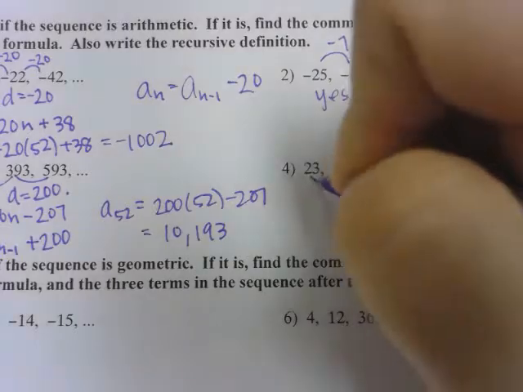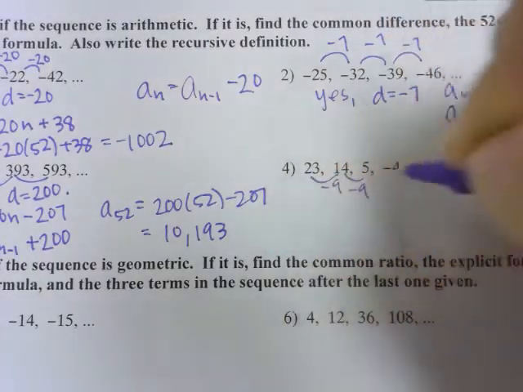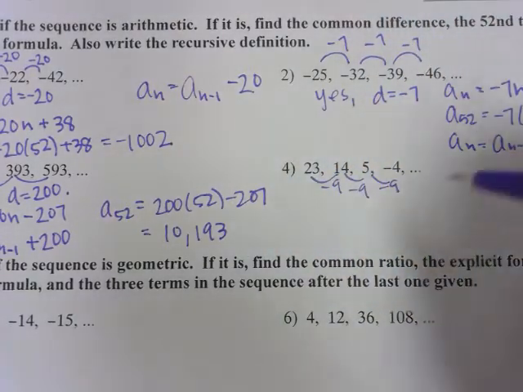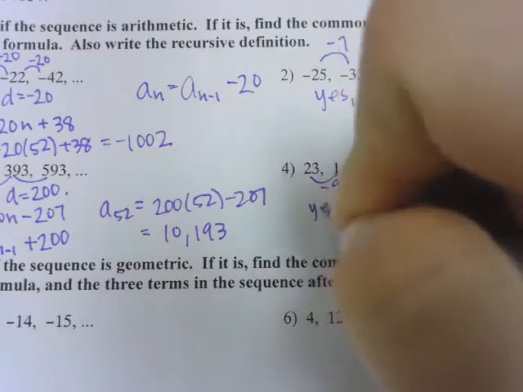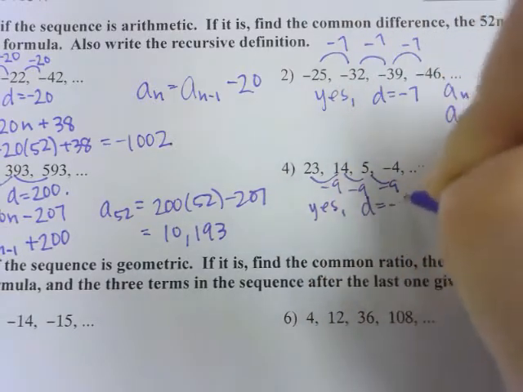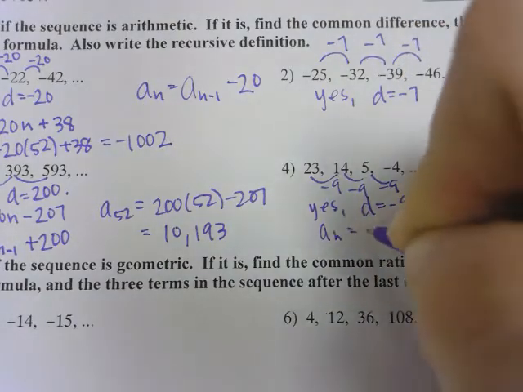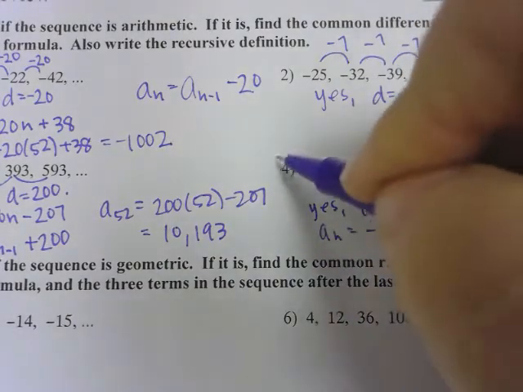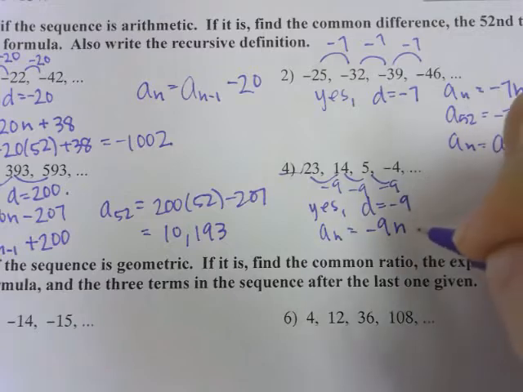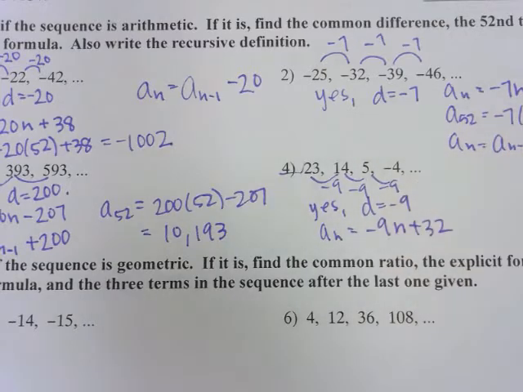Last one in this section, I'm going down by 9 here, by 9 here, by 9 here. Yes, it would be D equals -9. A sub n equals -9n, and what would be there? Plus 32.